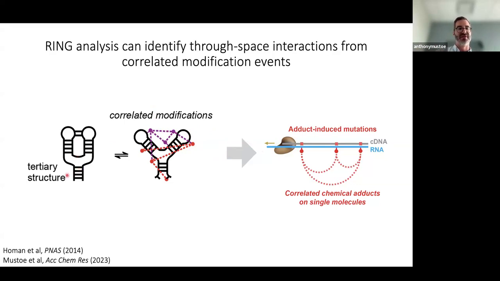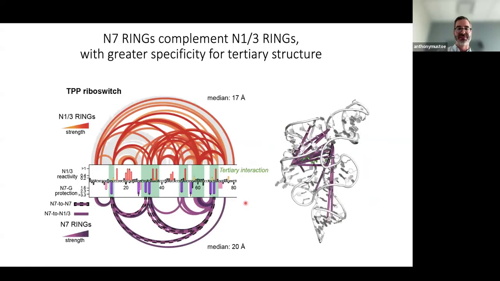We don't fully know the model, but a good framework for thinking about it is that a tertiary structure like this might transiently open and close, and that's going to give rise to these correlated modification events that we can then measure.